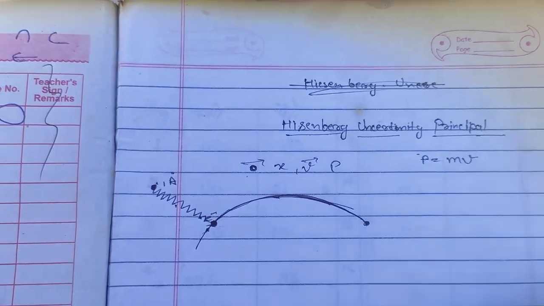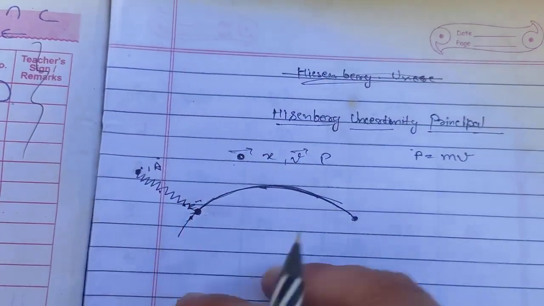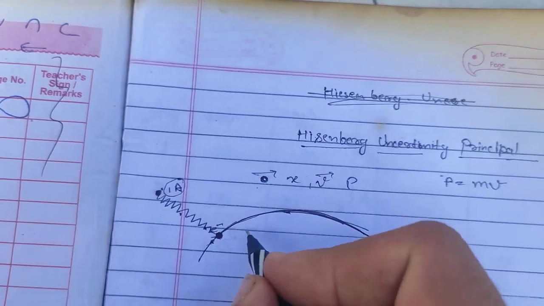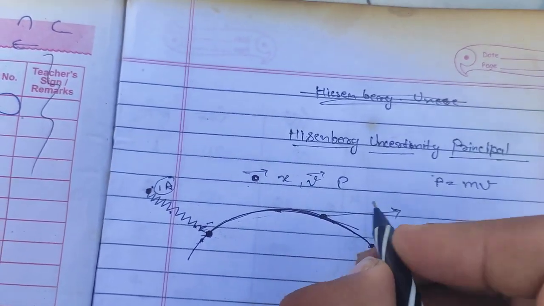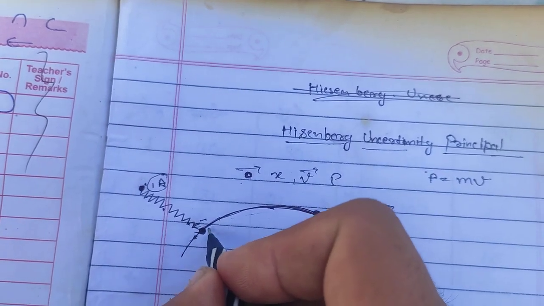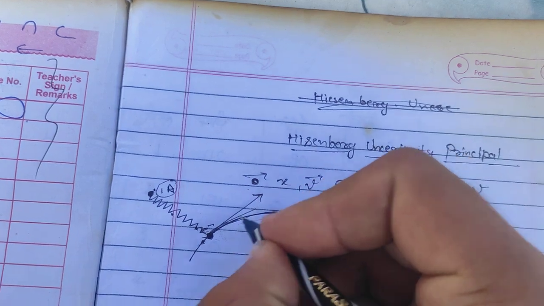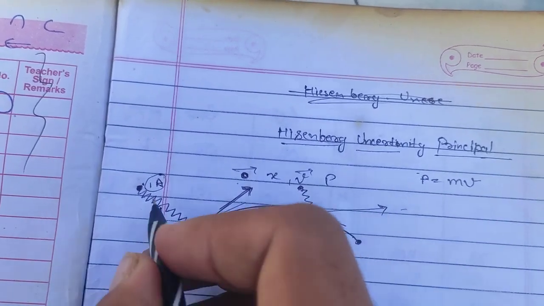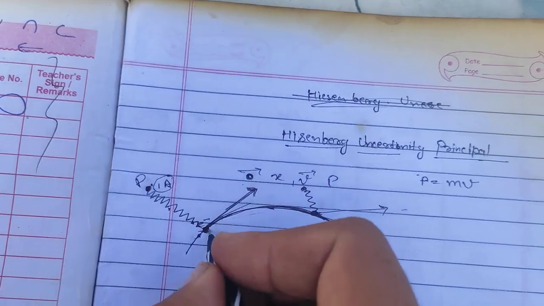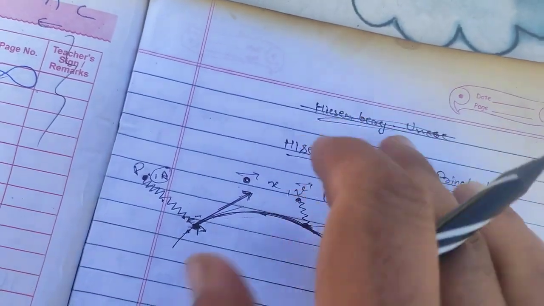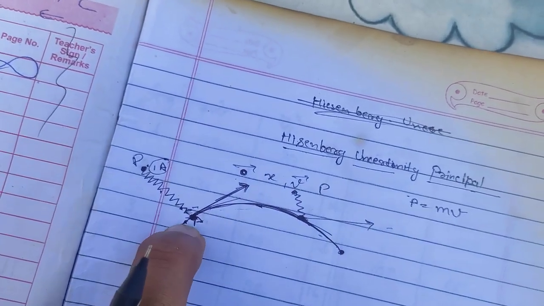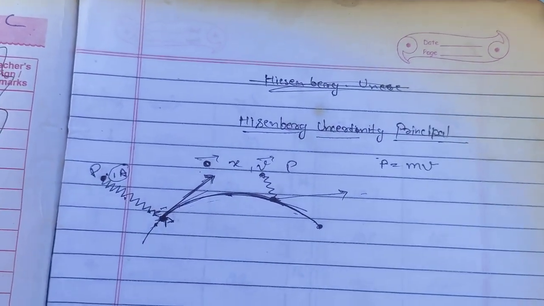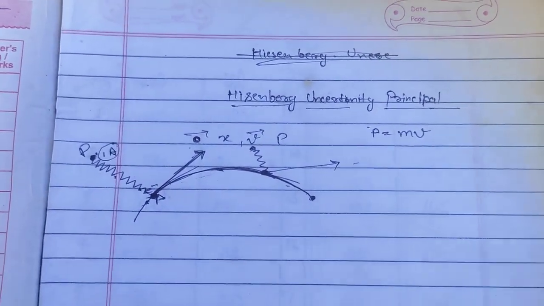Because of the collision, the photon's wavelength is low, less than 1, so it has high energy, and it diverts the electron's path. It moves here, collides, and diverts from its original path, like a pitcher throwing a ball in baseball and the ball being diverted by the collision of bat and ball.